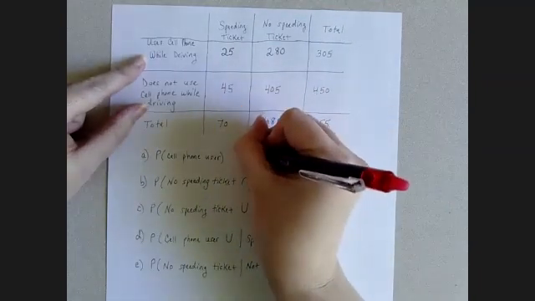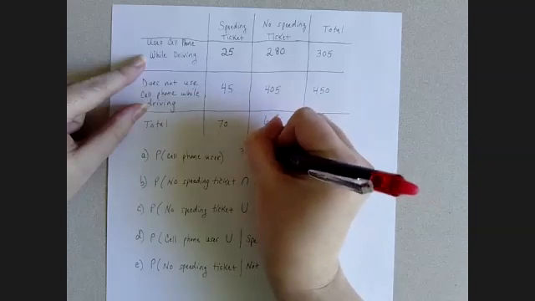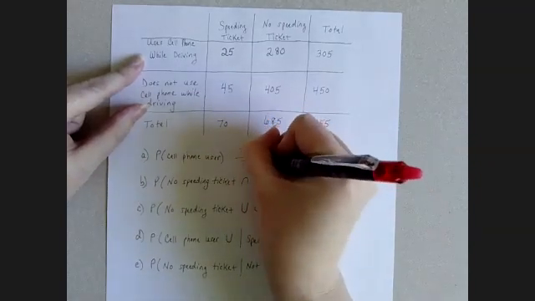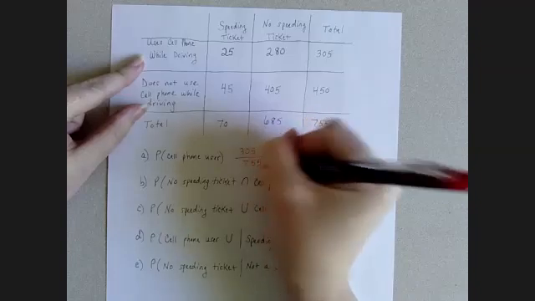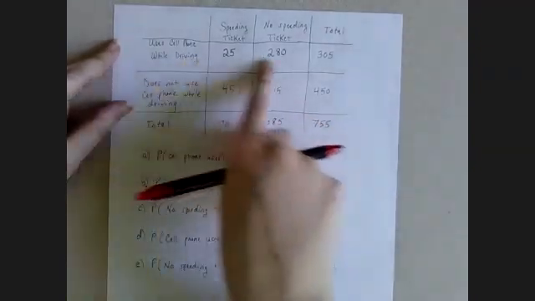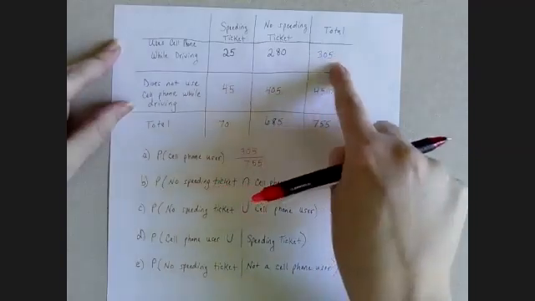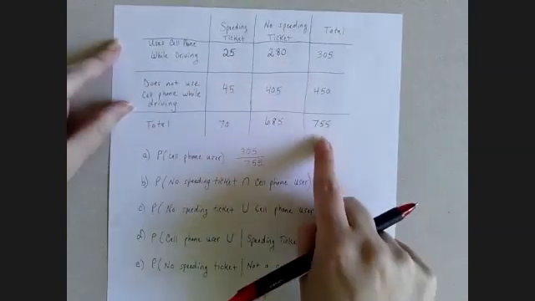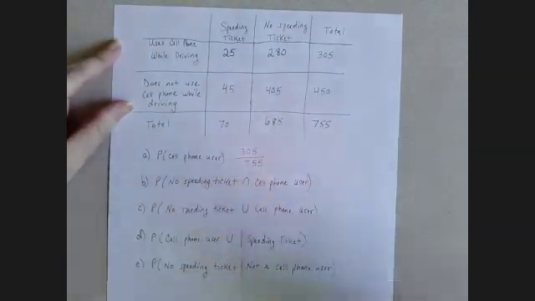So this one would be 305 over 755. Okay, so again, these are all of my cell phone users. So the total number of cell phone users is 305, and then our total number of people that we're talking about in this problem is 755.